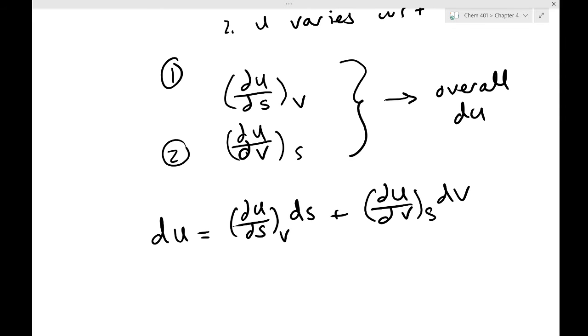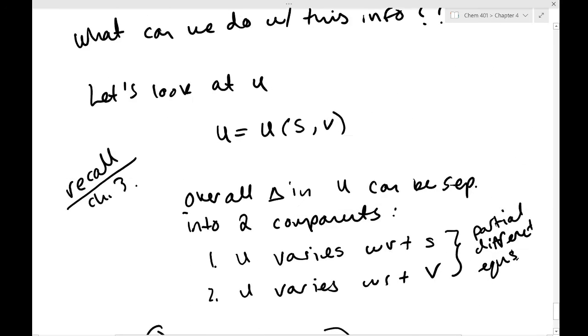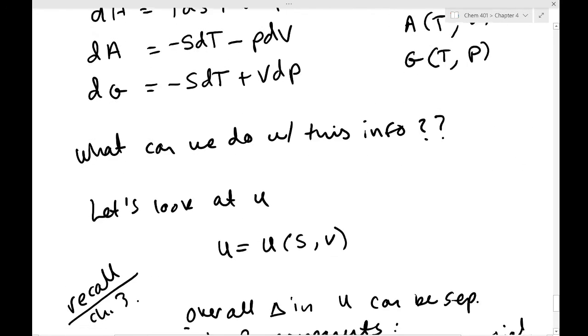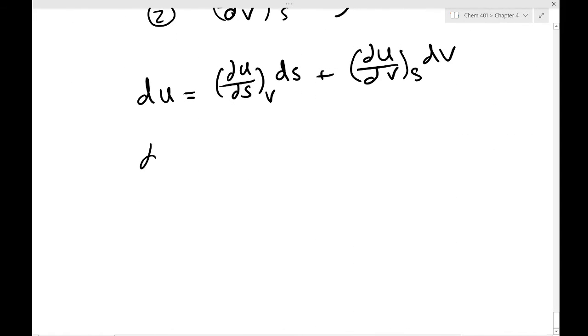But if you remember from the natural variable equations we have up here, we can also write the overall change in U as equal to T dS minus P dV.